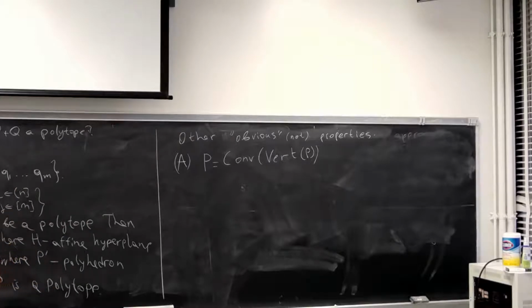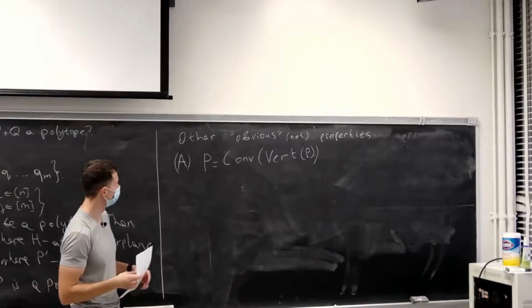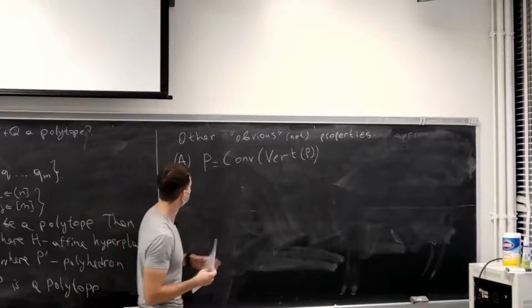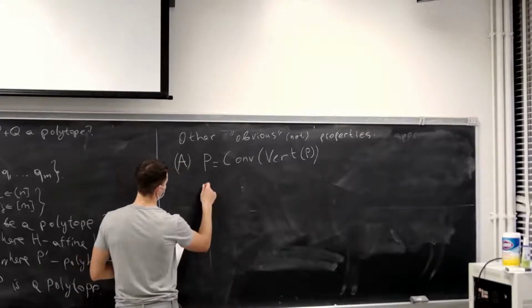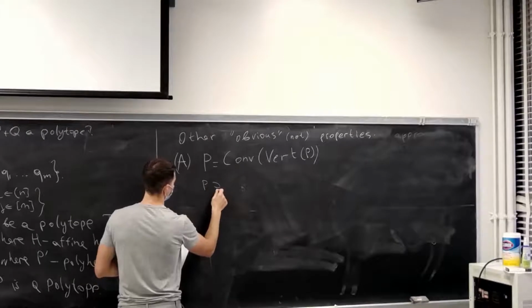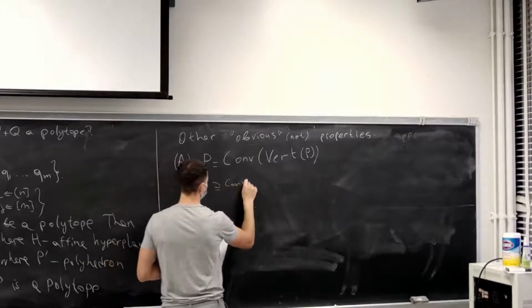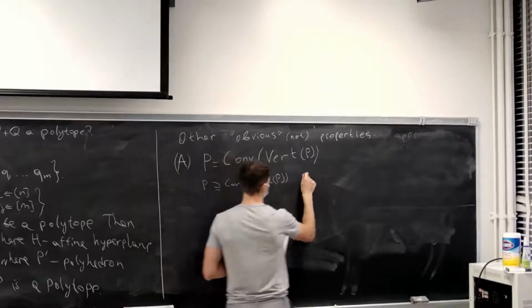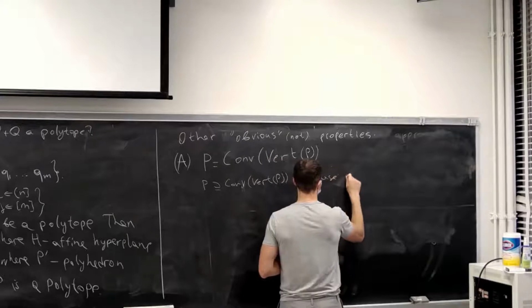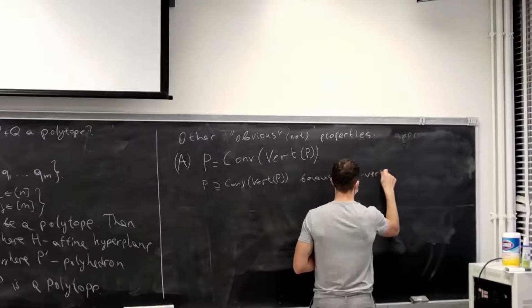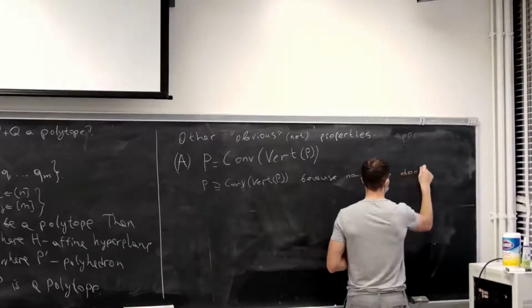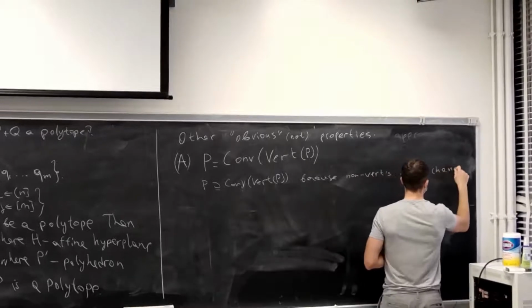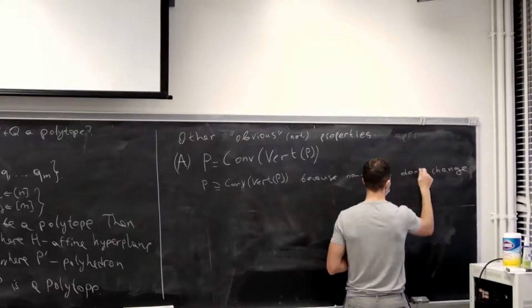That's actually going to be on the list as well, that the different notions of vertices agree with each other. But you're right that in one direction, if you want to say that P contains the convex hull of the set of vertices, the reason is that non-vertices don't change the convex hull according to one of the definitions.